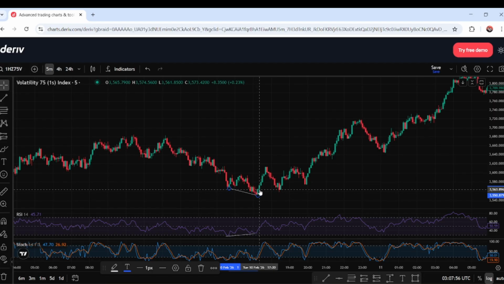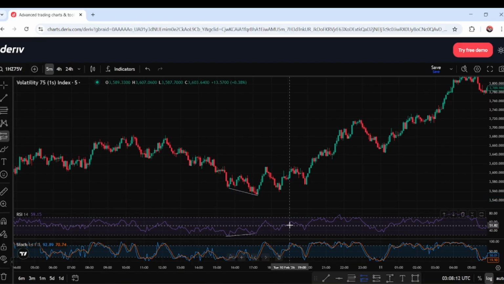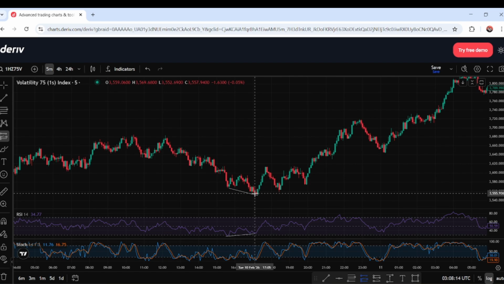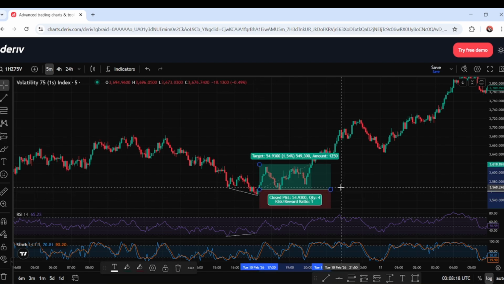Wait for a good 5 minutes engulfment, because if you can't wait for it, most of the time you get stopped out on the 1 minute time frame before the trade starts going in your favor. So let's say we entered a buy after this engulfment candle, which is this. We entered right away here.